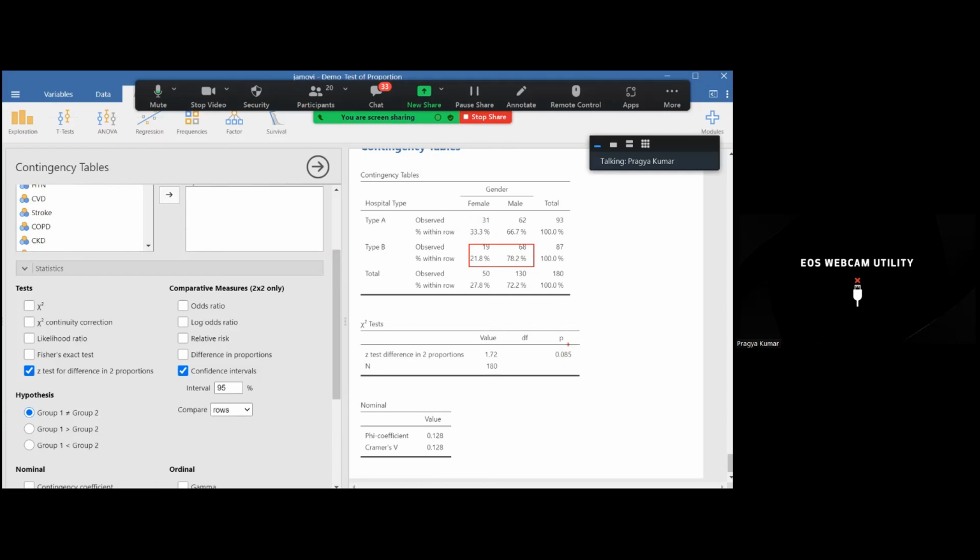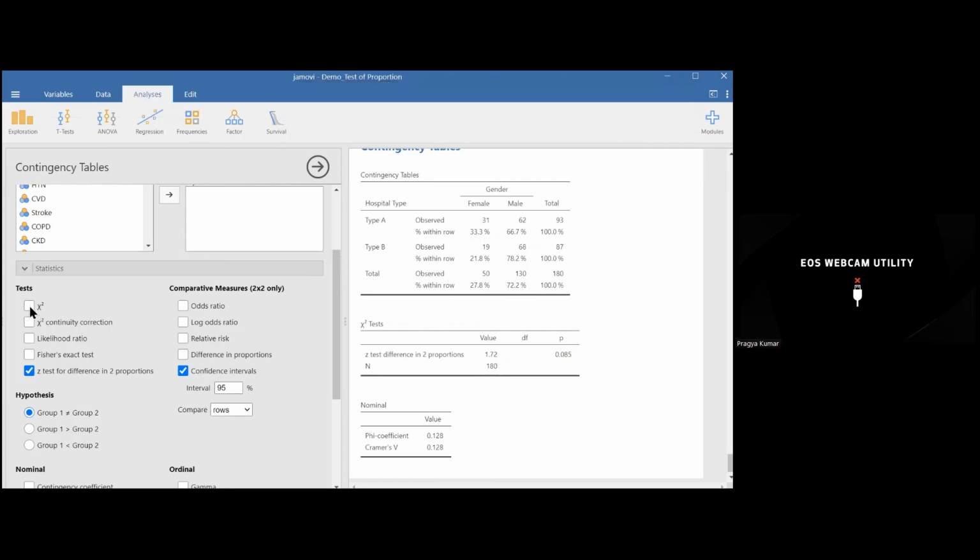If it is not significant, we are not going to comment on Cramer's V. Even if you click the chi-square here, many a time you see the value in this case will be different. The chi-square value is different, although the p-value is the same.